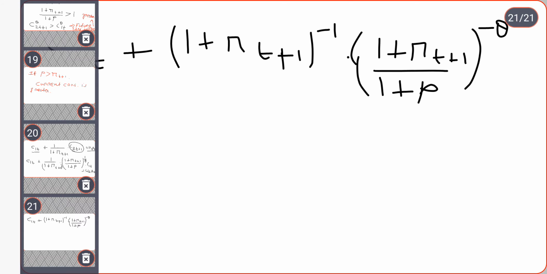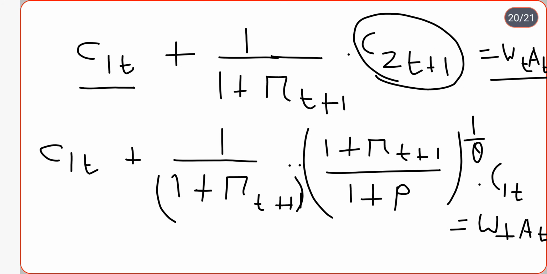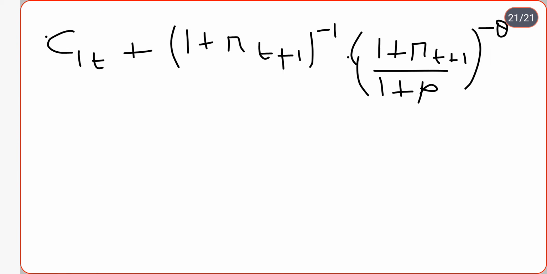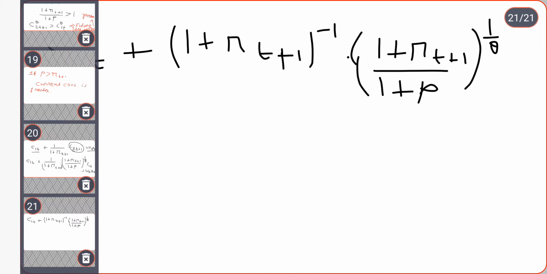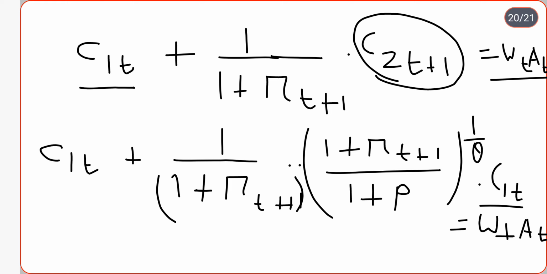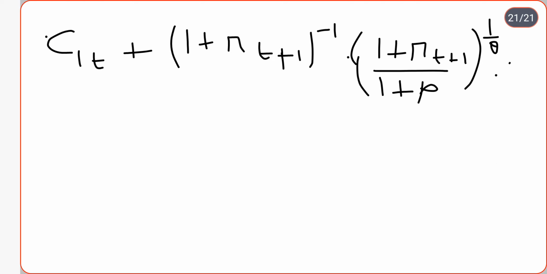We have it, right? And to the power 1 by theta, and we have it multiplied with c1t, so you can write c1t, that is equal to Wt.